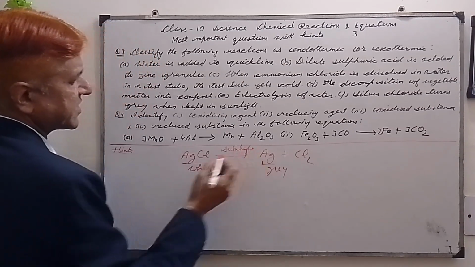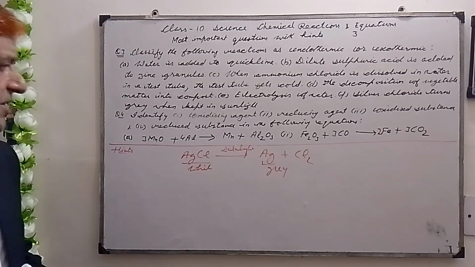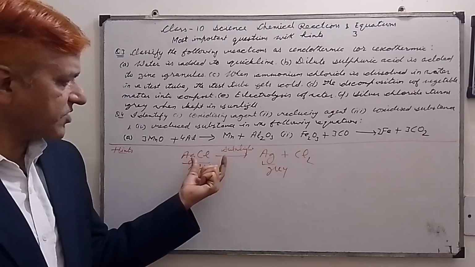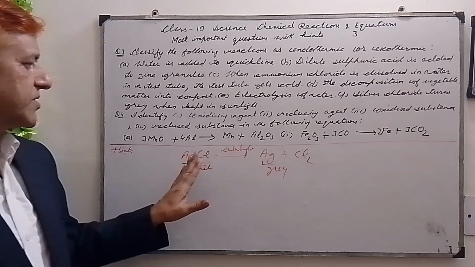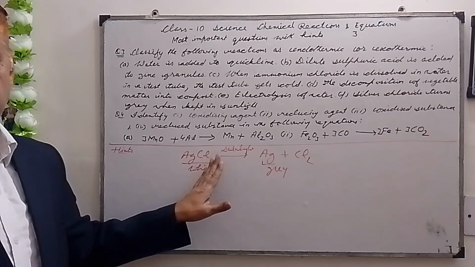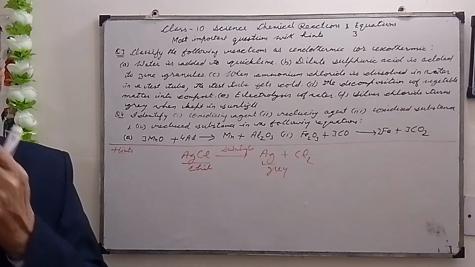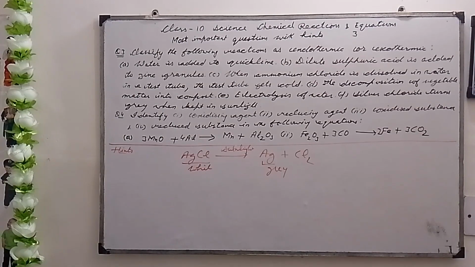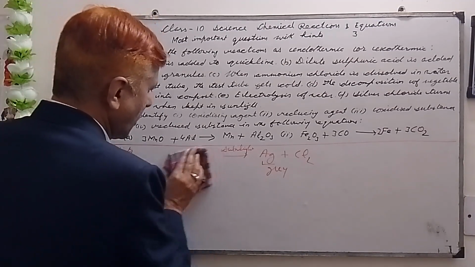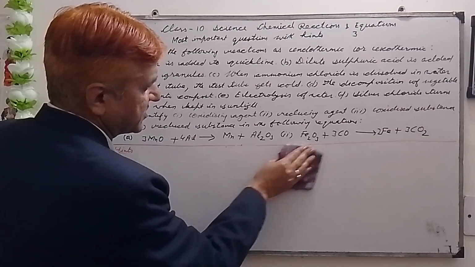So any reaction in which energy is required is an endothermic reaction. My dear students, this is an endothermic reaction. And let me tell you one more most important thing about exothermic and endothermic reactions. How do we identify an exothermic reaction?